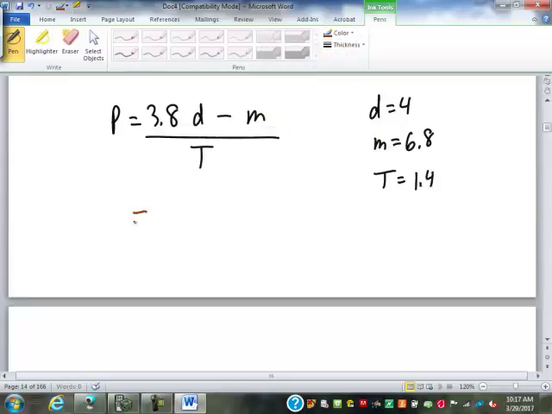So I'm just going to substitute in here. 3.8, D becomes 3.8 times 4, minus M is 6.8, over T is 1.4.